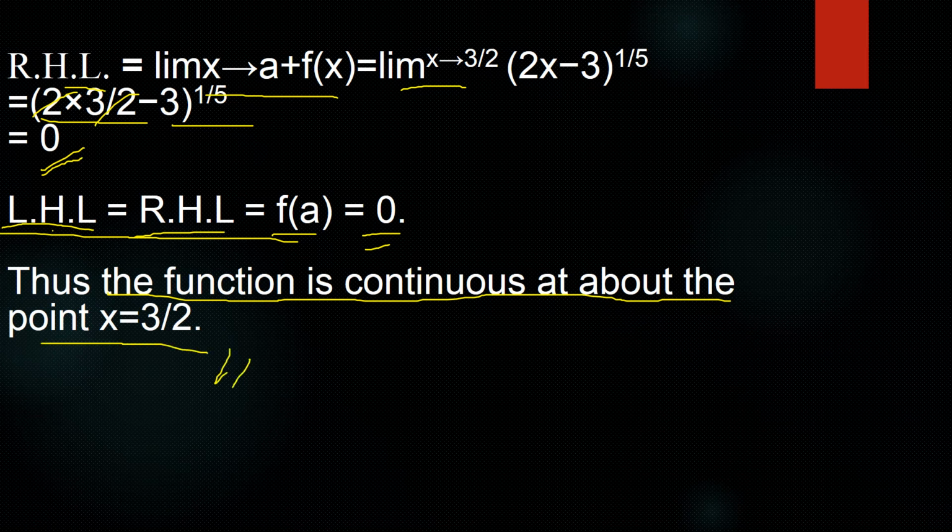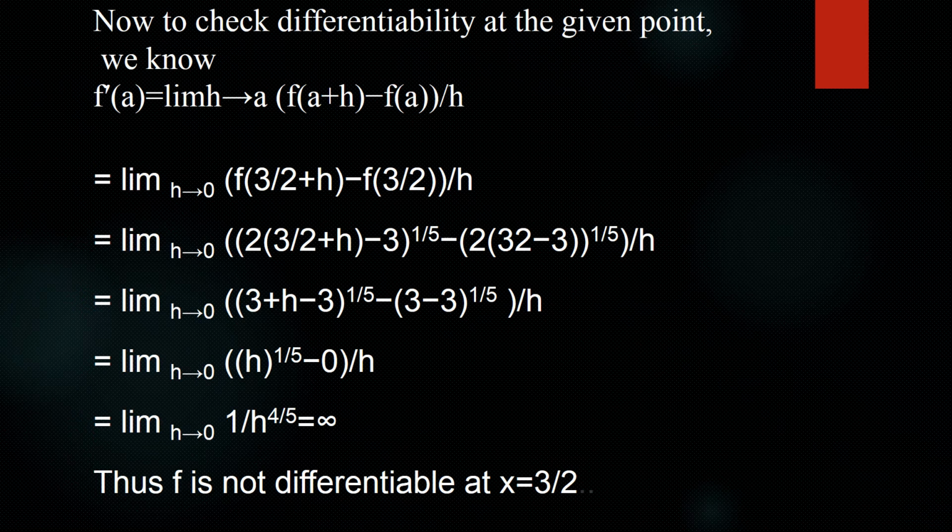If the function is continuous at the given point, then we have to check differentiability. For checking differentiability, we know f dash a is limit h tends to 0 of f a plus h minus f a upon h. So limit h tends to 0 of f of 3 by 2 plus h minus f of 3 by 2 upon h.